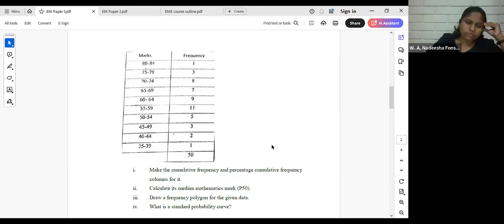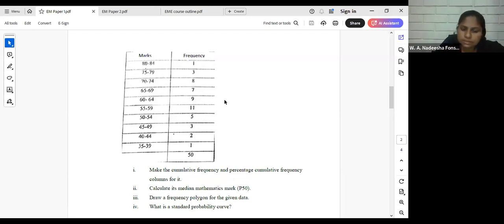To do that, do we have to use mid value? No, no need to go for that particular column there. Median value means the middle value, you know. So then, using the cumulative frequency column, you can identify the median class.